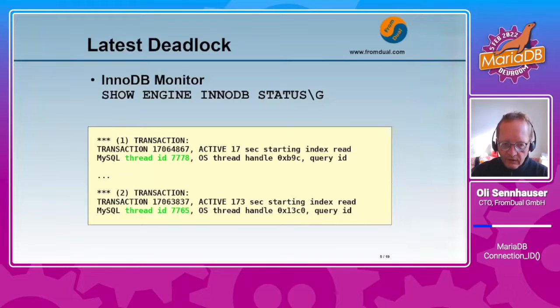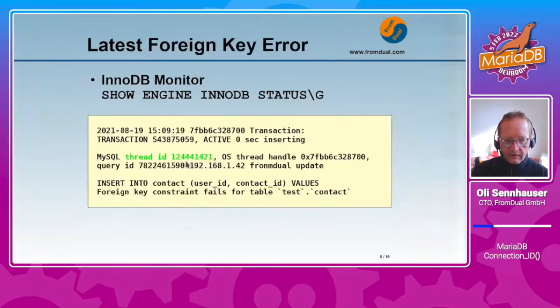And here you can also see the connection causing this deadlock, or the two connections which were involved in this deadlock. Unfortunately here it's called again thread ID. Here thread ID 7765 has had a conflict with 7778 and caused a deadlock. Nevertheless, both are MariaDB connection IDs.